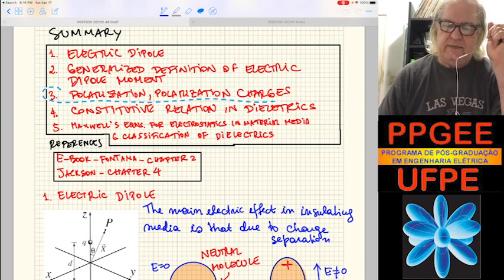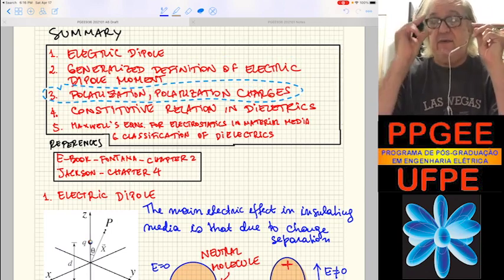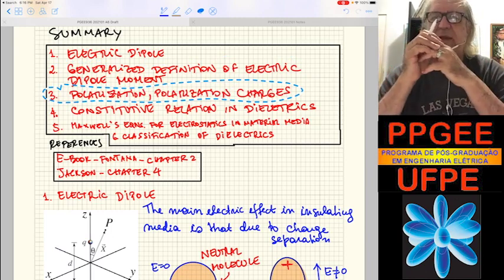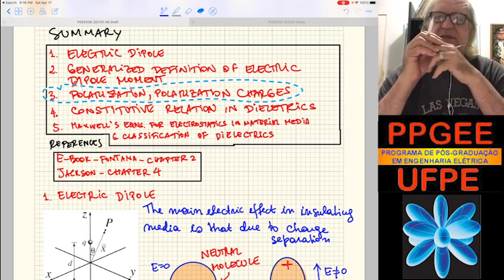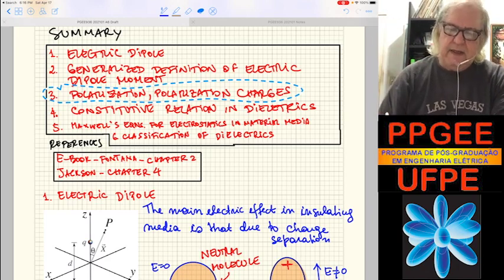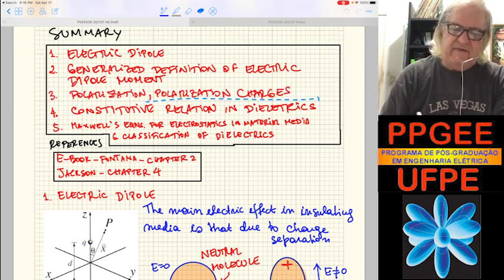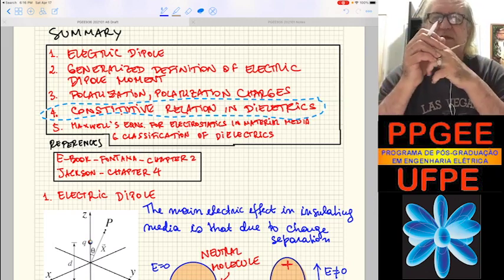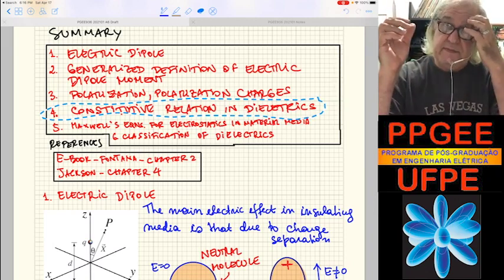Next, we will define what a polarization is, a polarized material, what kind of quantity is representative of that polarization state. And then we will finally derive the constitutive relationship between fields in a material media, an insulator.